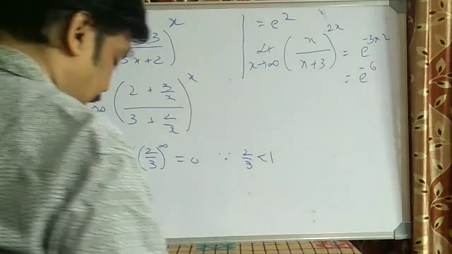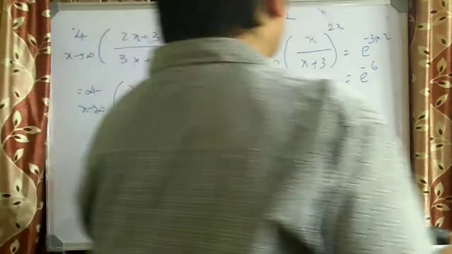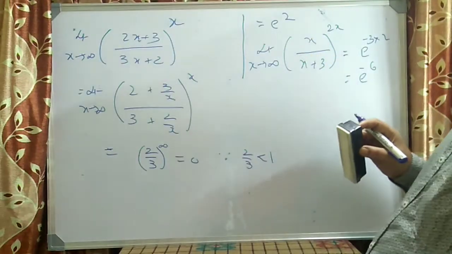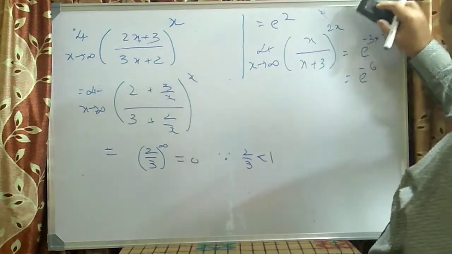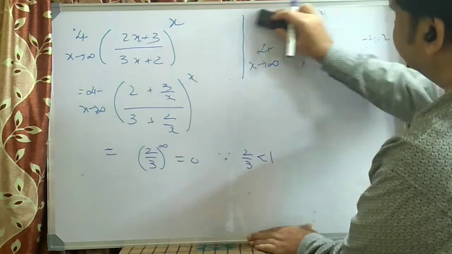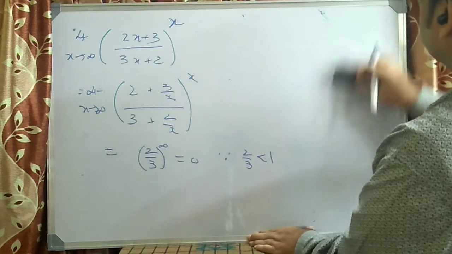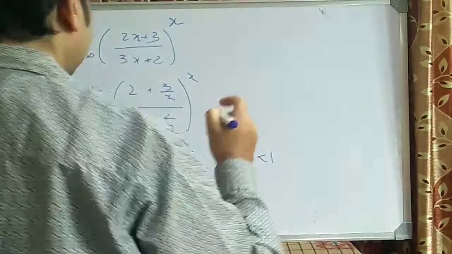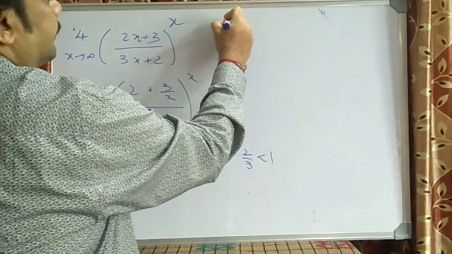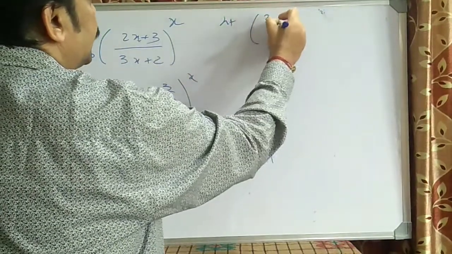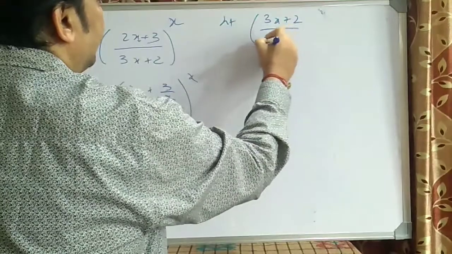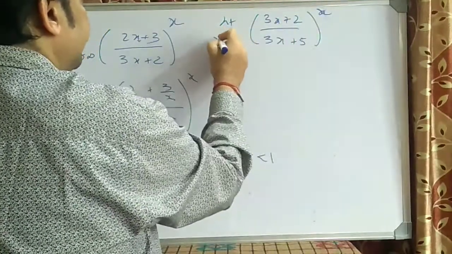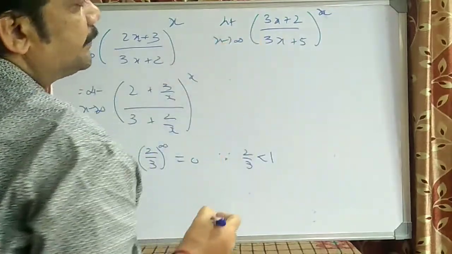Then you may be having another doubt. What if the coefficient of x here is instead of 1, we are having another coefficient? So if I have here limit (3x plus 2 divided by 3x plus 5) whole to the power x as x tends to infinity.